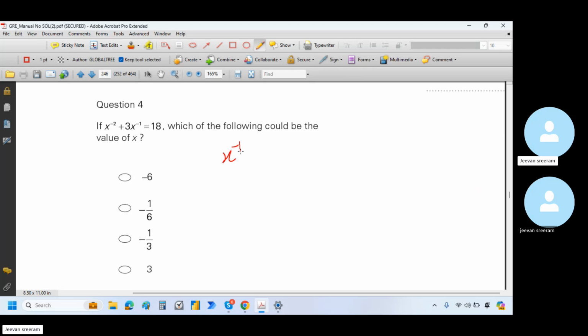If we say x power minus 1 is a, this equation is going to be a square plus 3a minus 18 is equal to 0. So I think 63. A square plus 6a, 6 into 3 is 18, minus 6a minus 3a, we got minus 18 is 0.